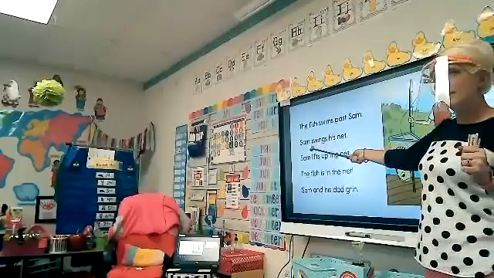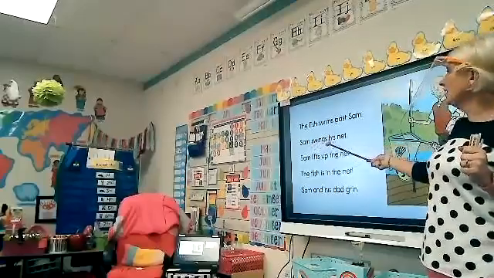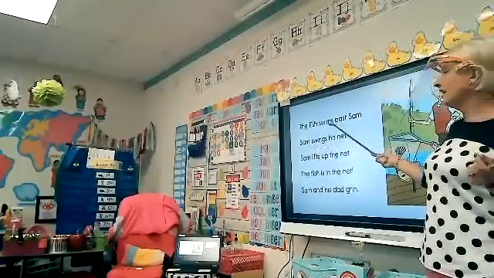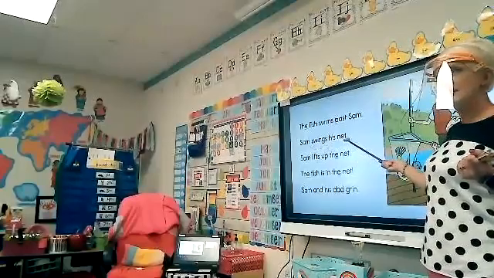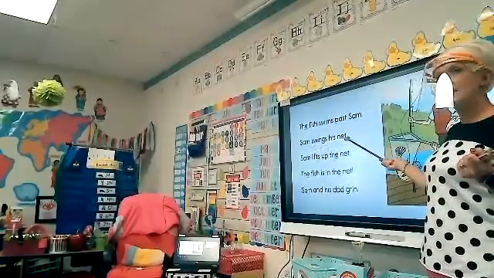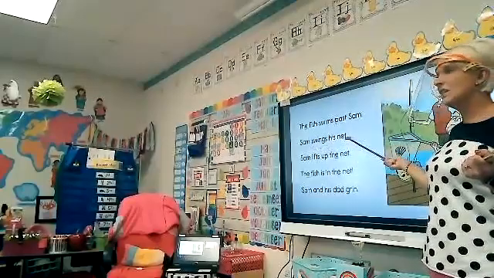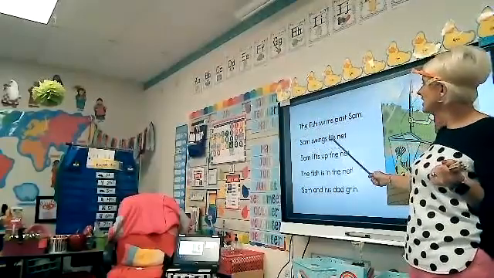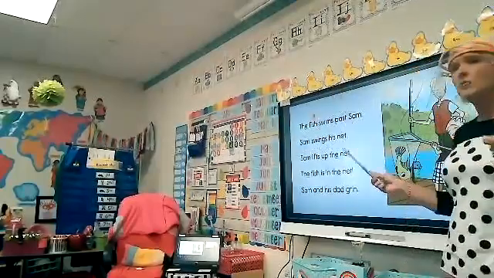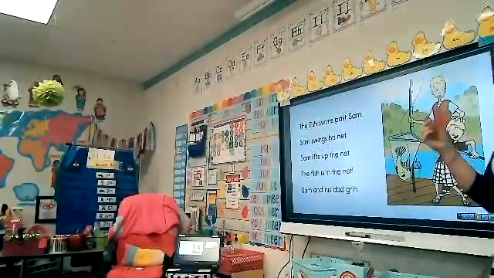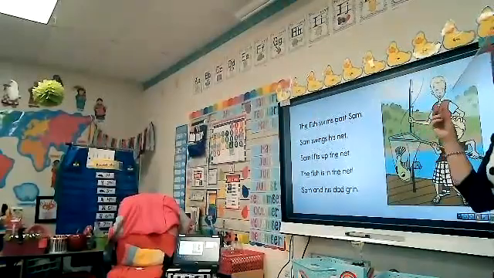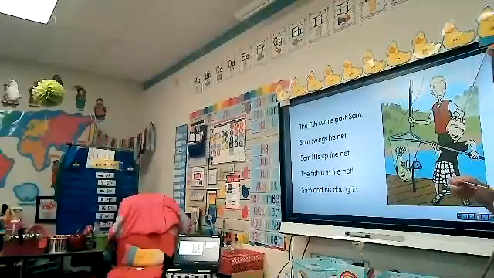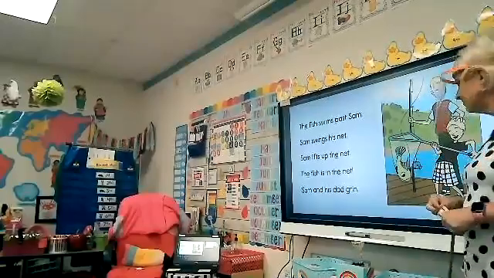Swings. Gotta sound it out. Net. Let's read this sentence together. Sam swings his net. If we come to a word that we don't necessarily know how to read, we need to sound it out. Okay? All right. Next sentence.